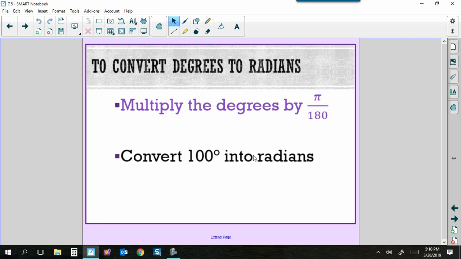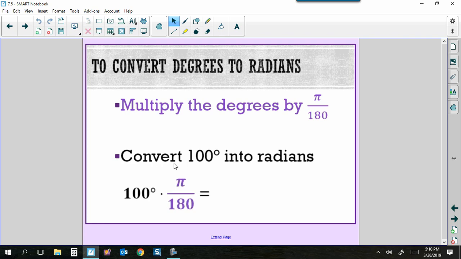So we know for every semicircle or half circle, there is 1 pi. Well, for every 1 degree, we know that there is pi over 180, because if you were, again, to solve this out, 1 pi is equal to 180 degrees. Well, divide the 180 out, you get pi over 180 for 1 degree. So our conversion factor is going to be pi over 180.